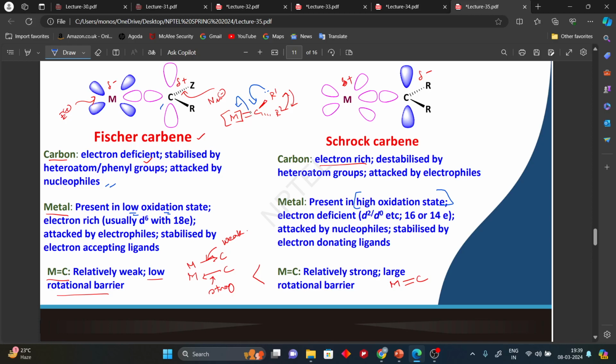That's why the bond is weak and the rotational barrier is less. For the Schrock carbenes, they are strong because they are normal metal units, so electron cannot push like this, and they always have double bond character. So their barrier of rotation is higher.